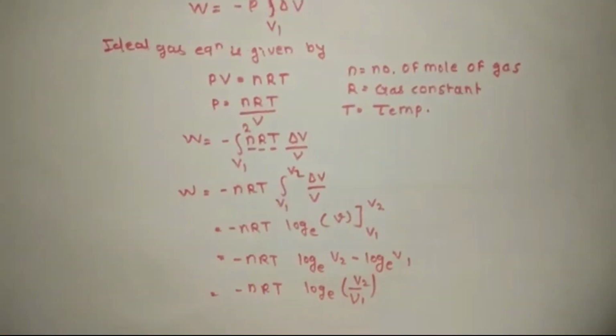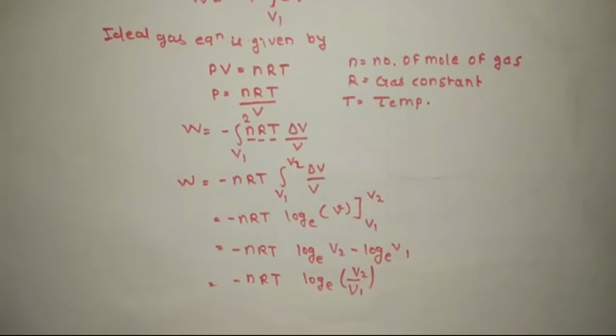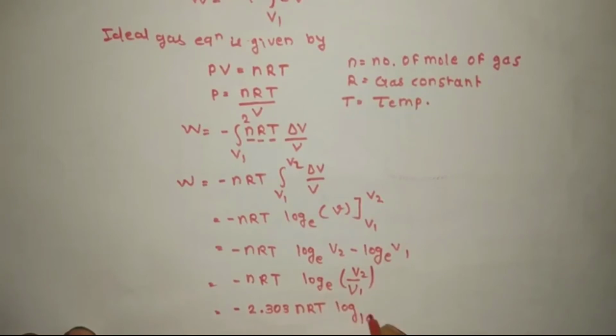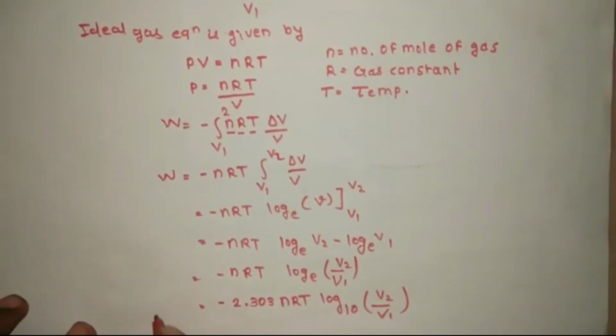Now to convert log e into log 10, we multiply by 2.303. We can convert log e into log 10, giving minus 2.303 nRT log to the base 10 of V2 by V1. So this is the final expression we get for the maximum work between the limits V1 to V2.